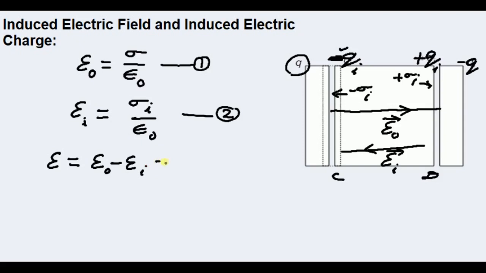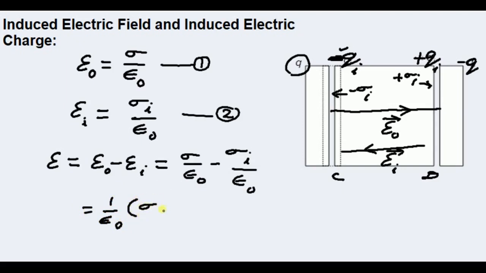Substitute these values, you get sigma upon epsilon naught minus sigma I upon epsilon naught, which is 1 upon epsilon naught into sigma minus sigma I.